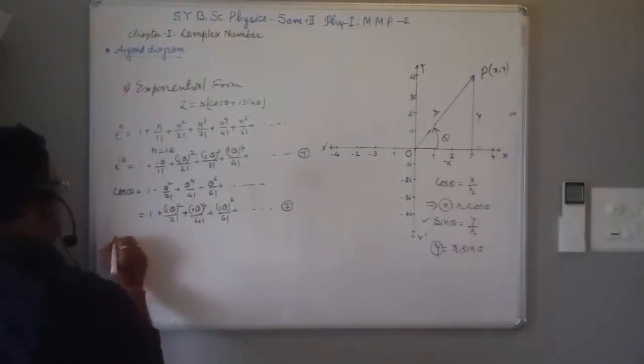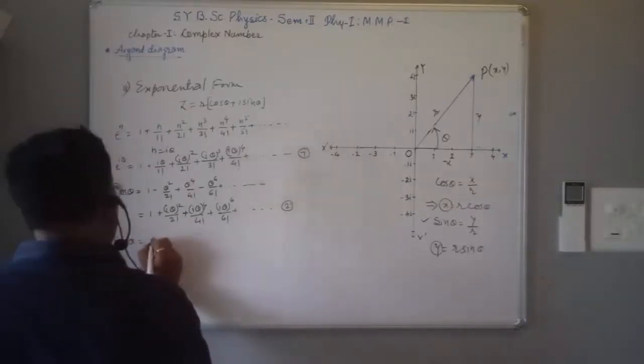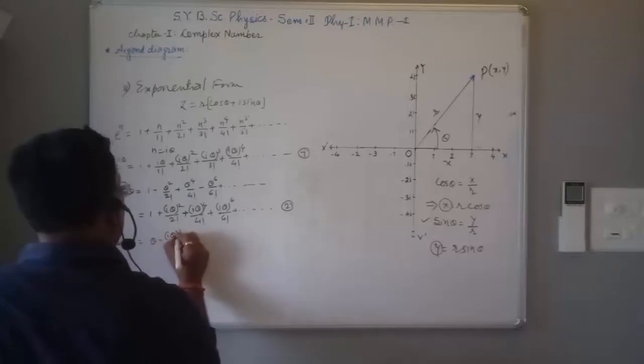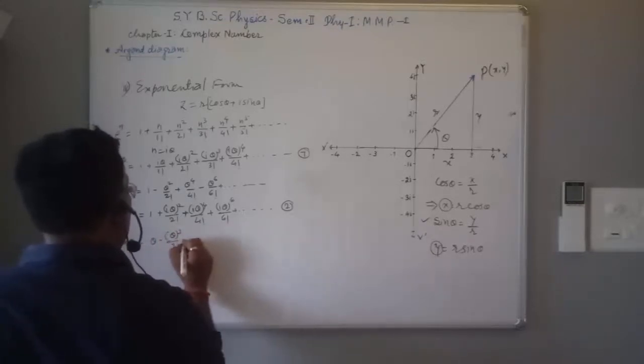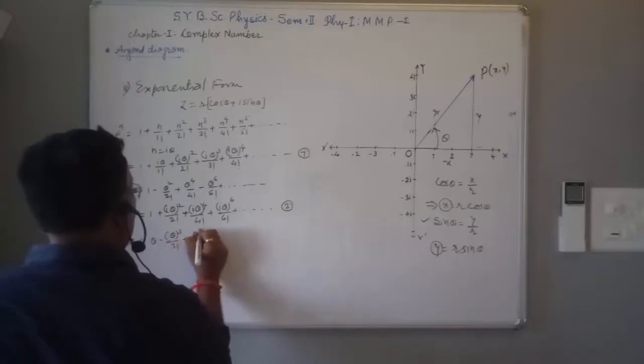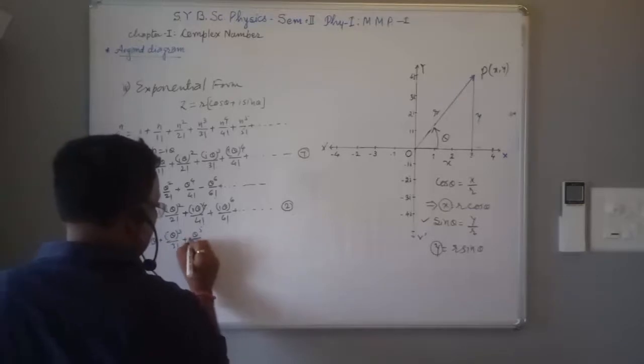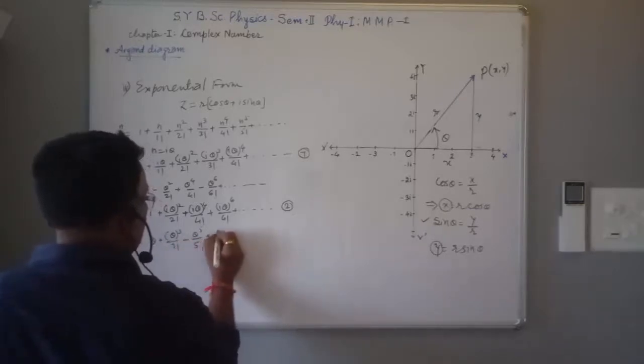Also from Maclaurin series, sin theta is equal to theta minus theta cube upon 3 factorial plus theta raised to 5 upon 5 factorial minus theta raised to 7 upon 7 factorial.